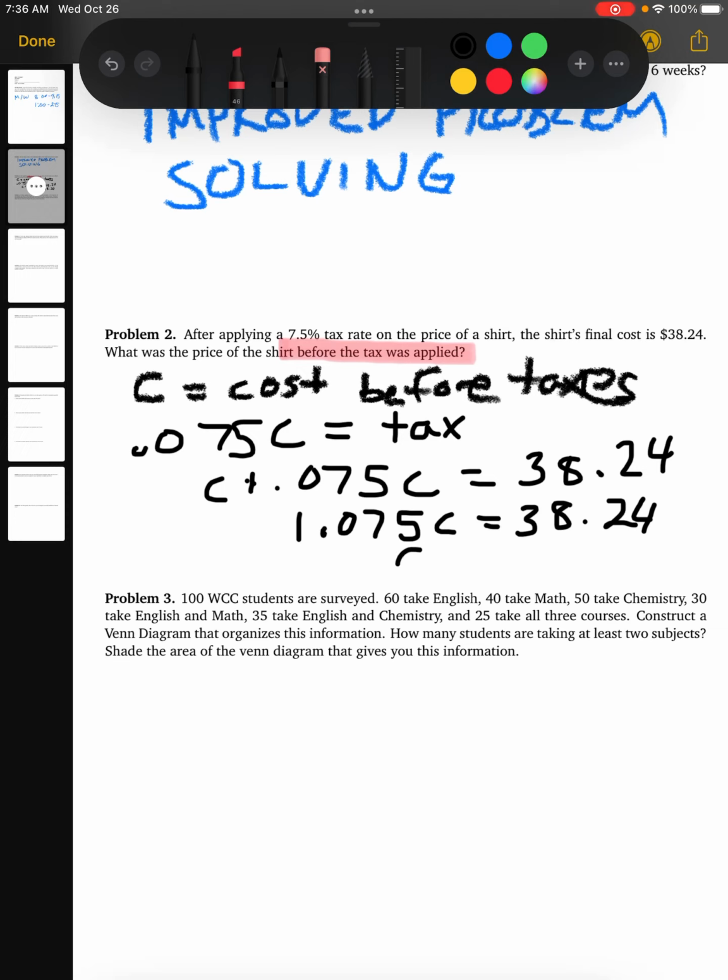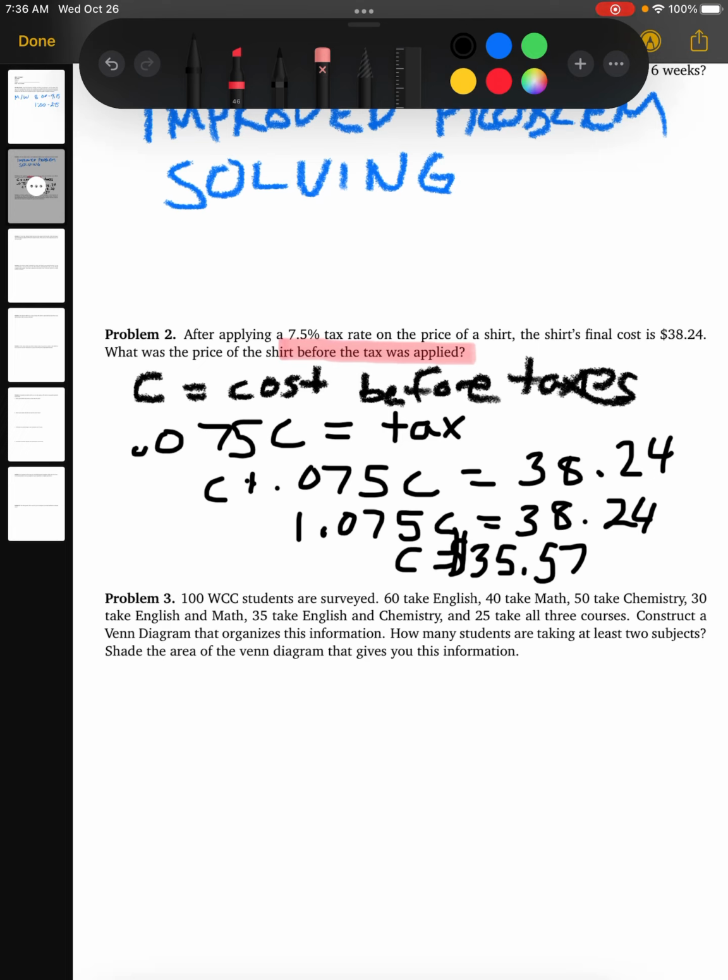And I get C is $35.57. I'm rounding this to 2 decimal places because it's money. So that's problem 2.